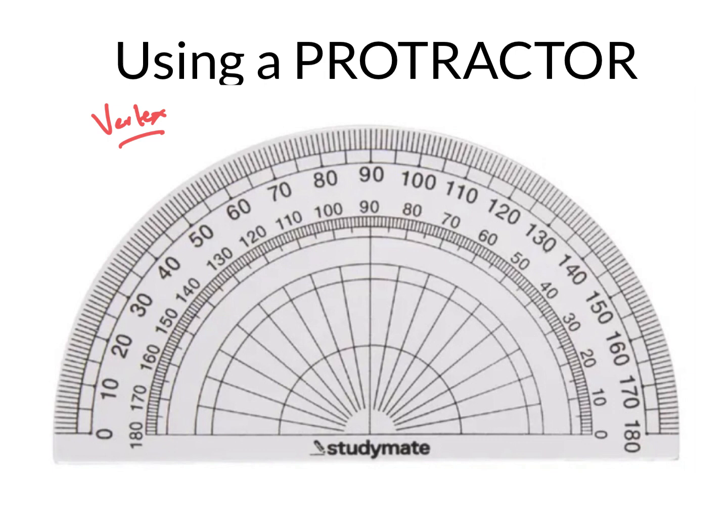And oftentimes, we have an angle. I'm going to draw it like this, like that, and like that, and we have this angle. We always want to put the center of our protractor on the vertex.